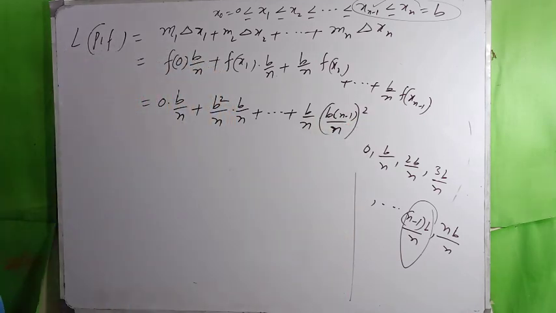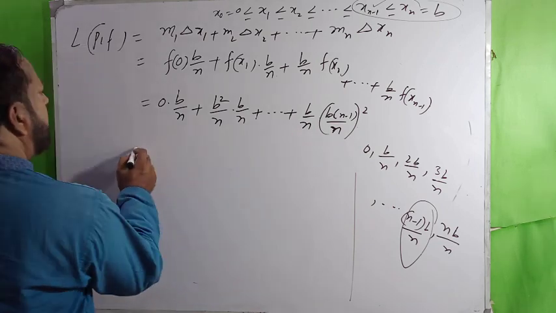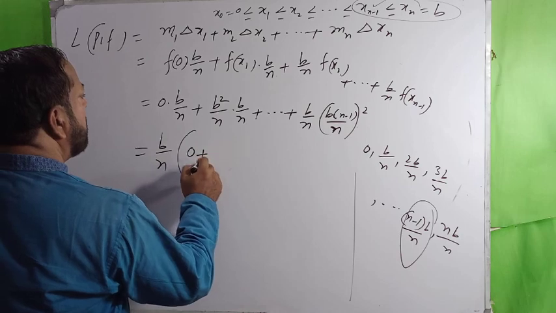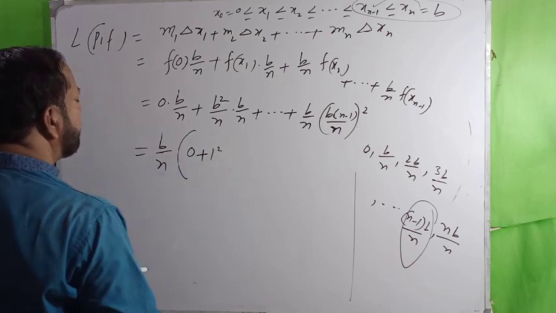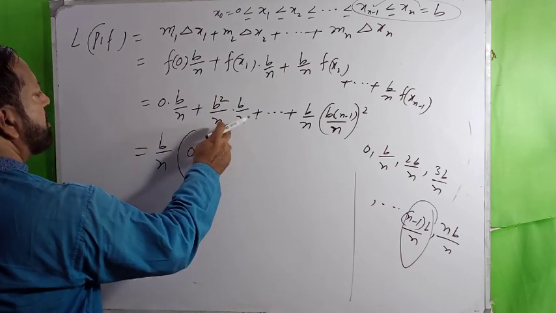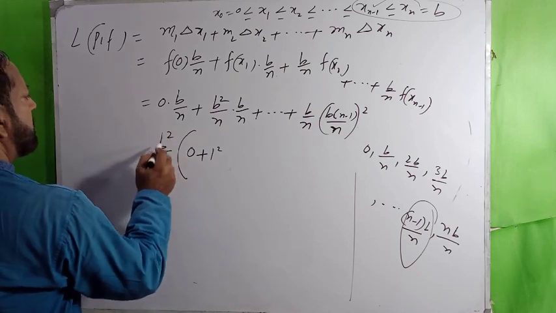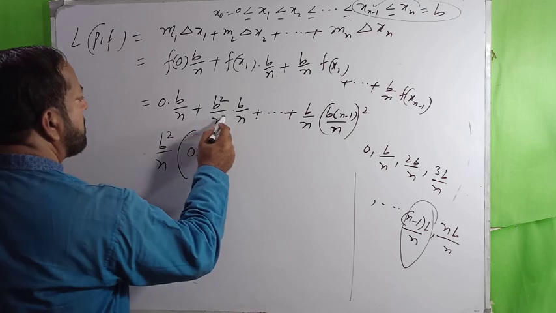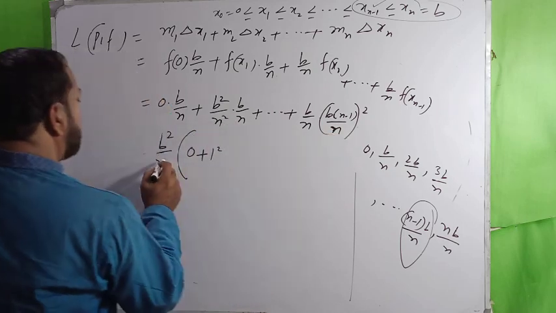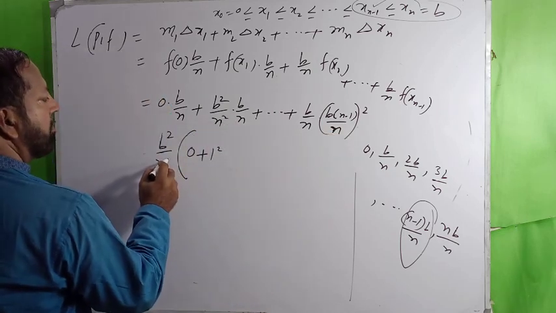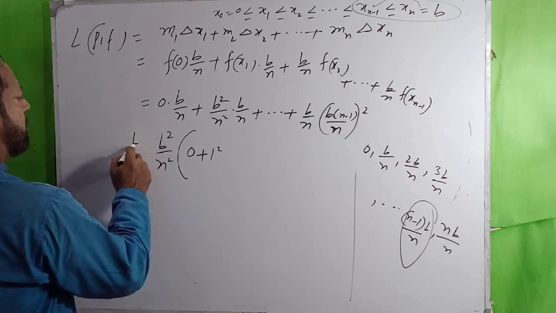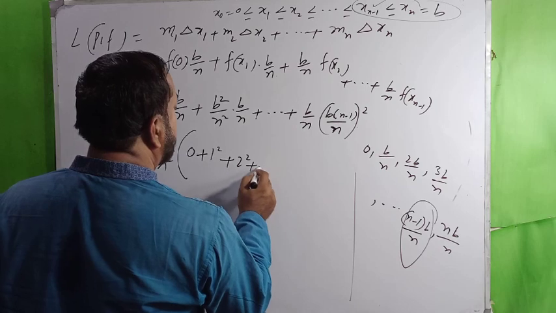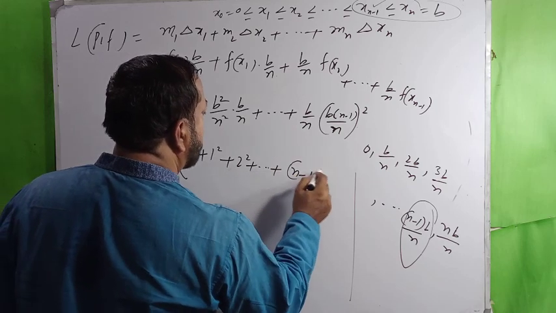Again, you can have b by n common to all, and inside you are getting 0, 1 square. Also if you take b square by n square common, this would be equal to 1 square plus 2 square plus so on, plus n minus 1 square.